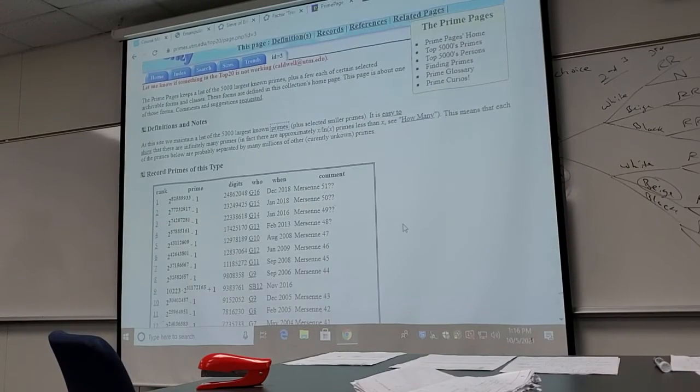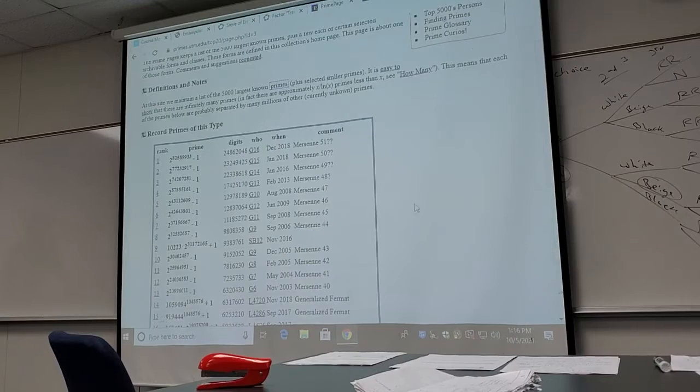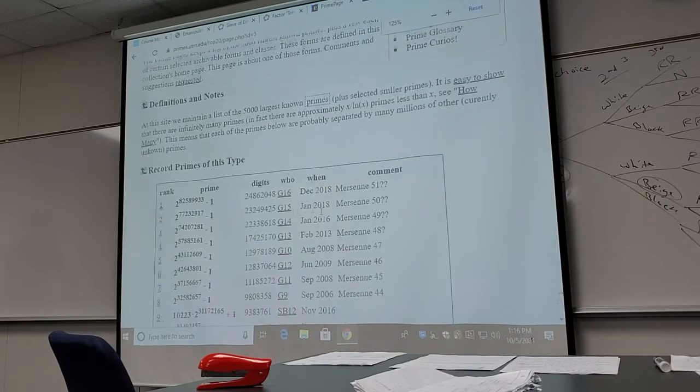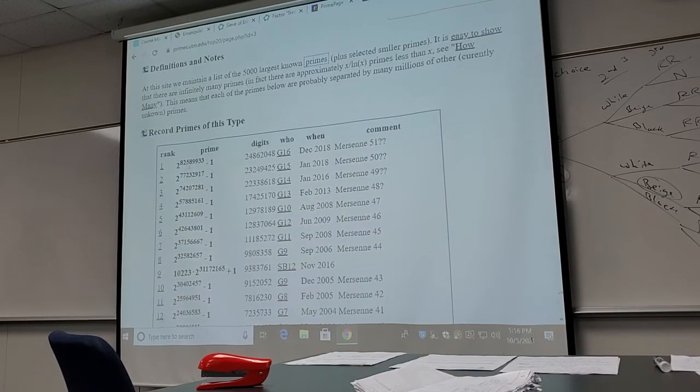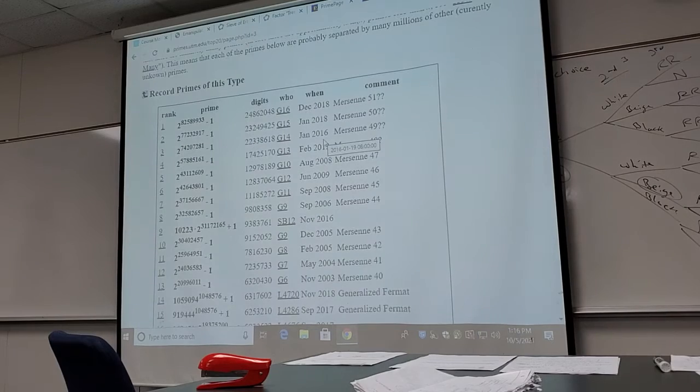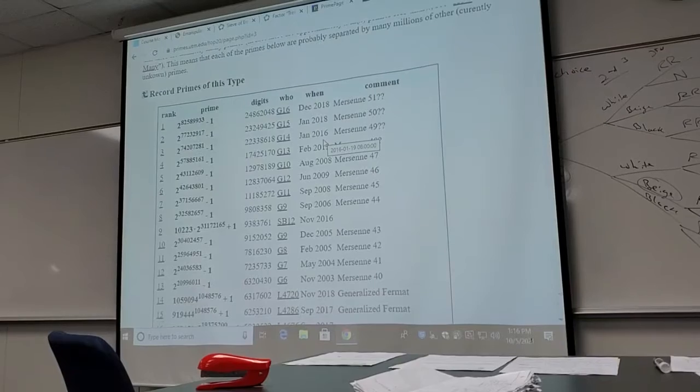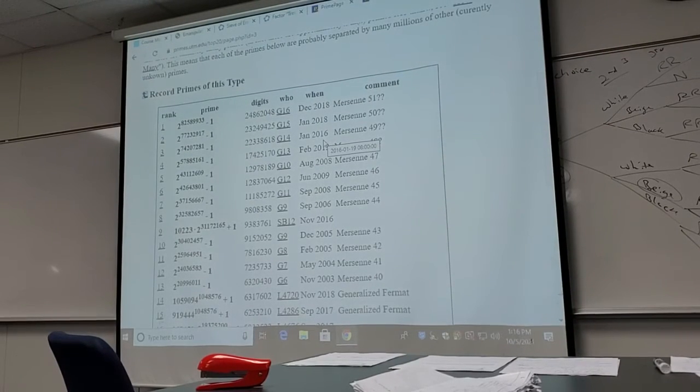All right, so right now, the biggest prime was discovered back in December 2018. I want this to make sense. Real quick, by the way, before we do that, does it make sense that any even number is not prime except for 2, yes?